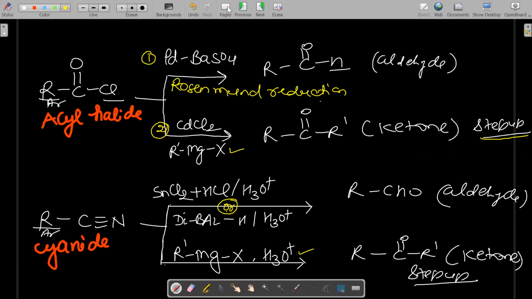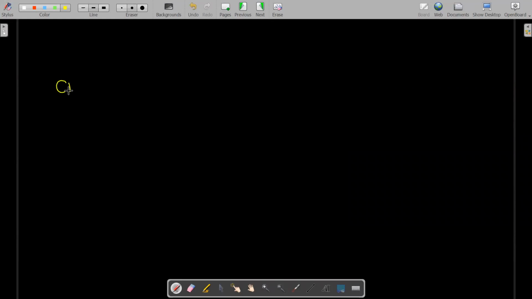So suppose a question comes to form CH3CHO in one step. What type of reaction, how can this CH3CHO be obtained? Either it can be directly obtained from CH3COCl or it can be directly obtained from CH3CN.